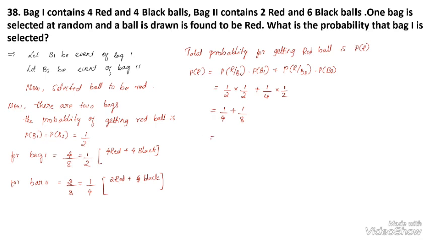I can simplify by taking the LCM: 4 twos are 8, 8 ones are 8, so 2 plus 1 becomes 3 by 8.